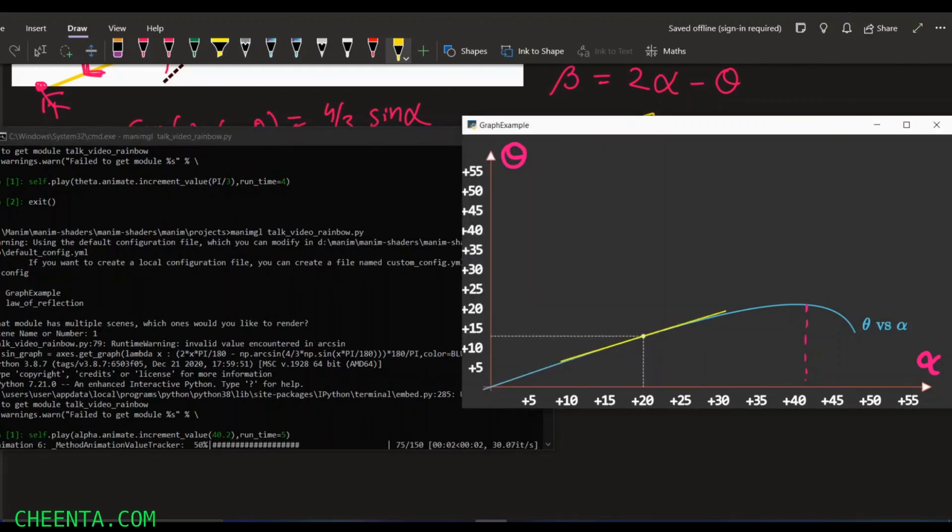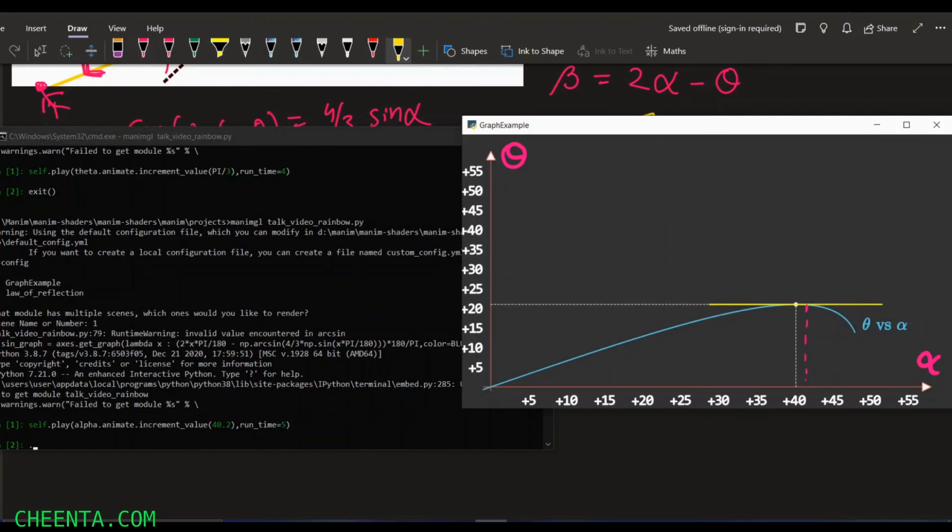As you can see, I am varying it and it goes like this, and somewhere near here, which is close to 40, we will get the result as 40.2 degree. We are getting a value of theta which is close to 20 degree, and this 20 is our desired value of theta.